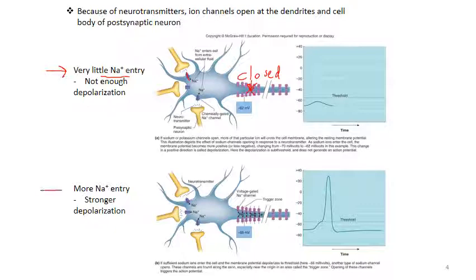But in this second picture, enough sodium came in, many positive charges are now inside, and those positive charges were able to open up those voltage-gated channels. So then they started opening one after another, just like dominoes falling. And so voltage-gated channels open, bringing the positive charges, and the action potential is just positive charges moving down to the synaptic knobs.